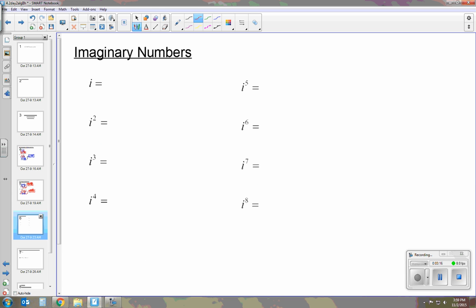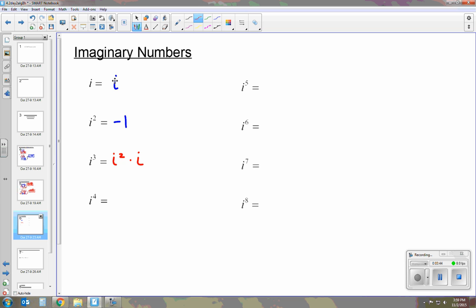Next up is a chart that you're going to see, and we can actually find different values of i to a certain power. What we're going to start off is i is equal to i. Next, i squared is -1, and we're always going to be in terms of i or -1. Now, i cubed can be rewritten as i squared times i, because we know what those two values are.